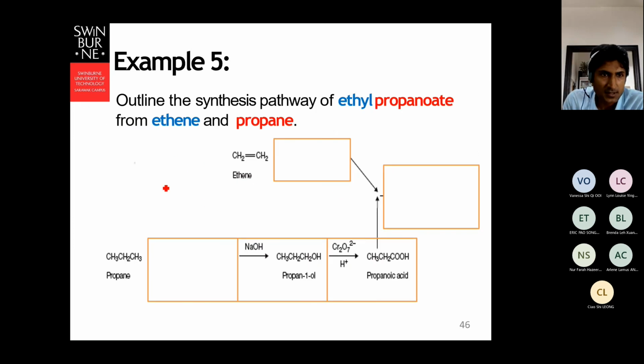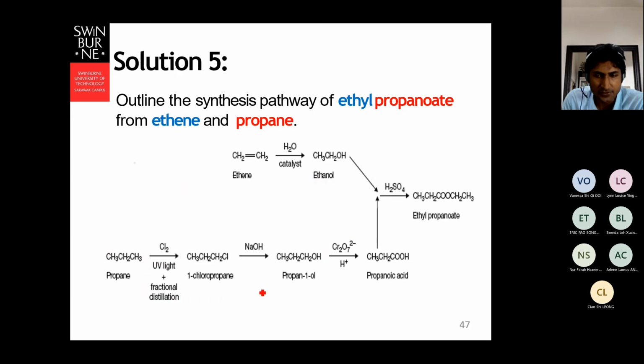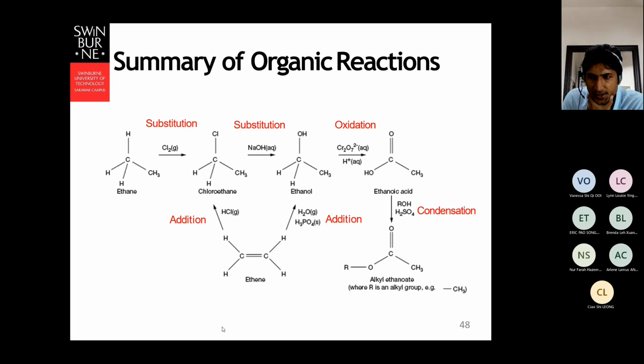And this is one of the examples, methyl propanoate. If it starts from here, what will happen here? So this is the reaction that occurs. All right, so this is all for today. Please go through the reactions.